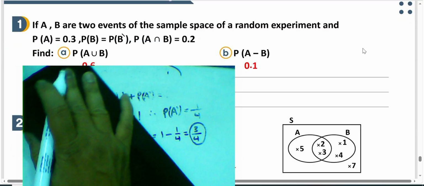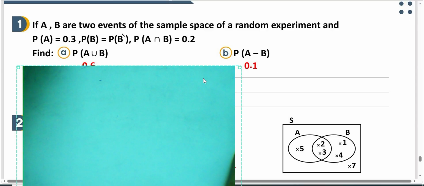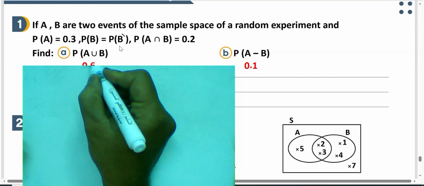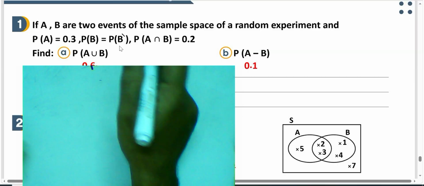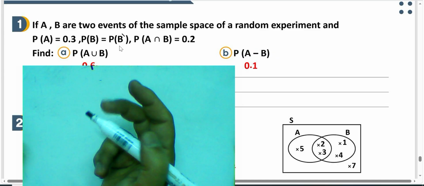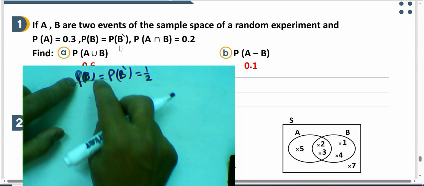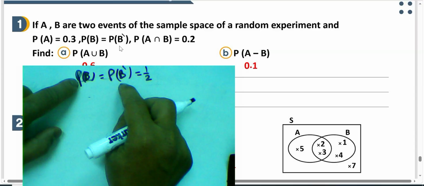If A and B are two events in the sample space of a random experiment, the probability of A is 0.3, and the probability of B and the probability of B complement are equivalent, then each one of them equals half because they are equivalent. The summation together equals 1, so 1 equals half plus half.